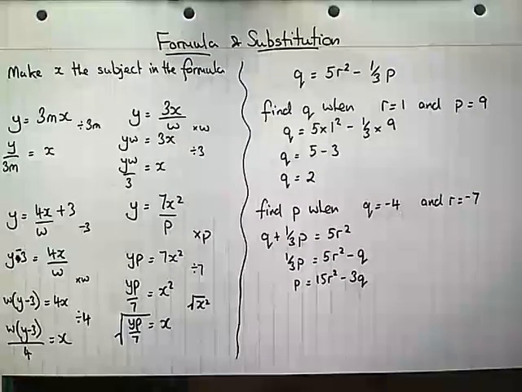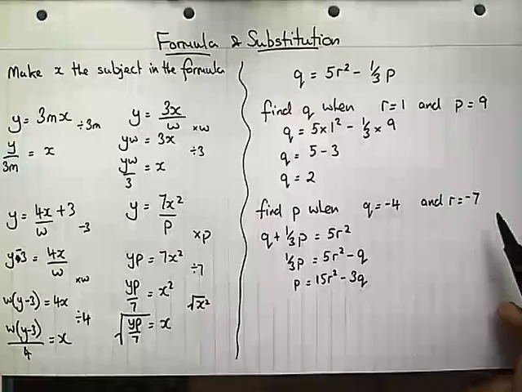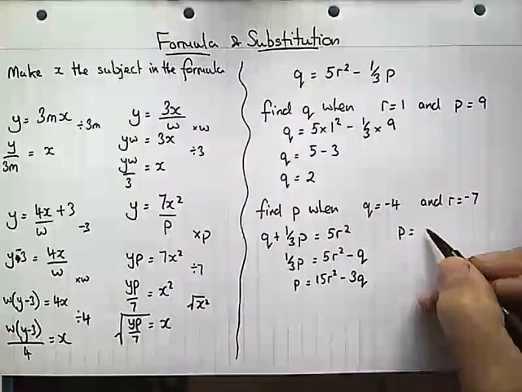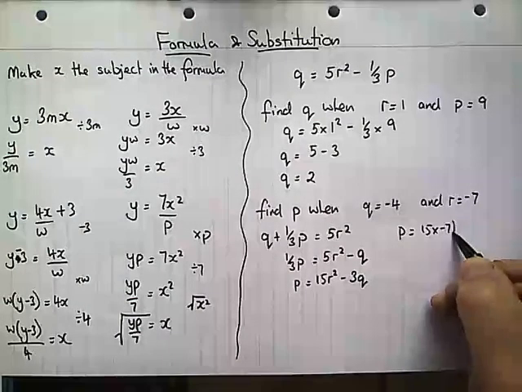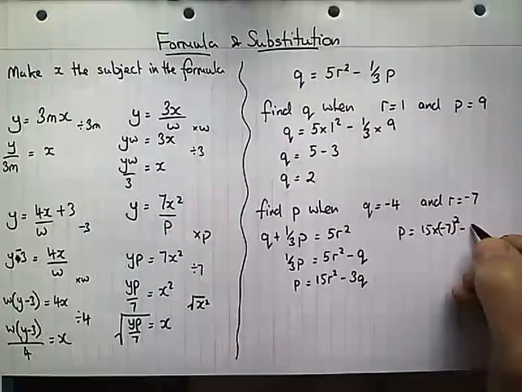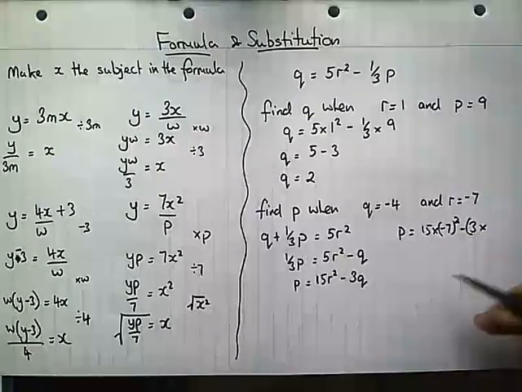So now we just need to work this out. If we've got the r value being -7, then we get p equals 15 times -7 squared minus 3 times -4.